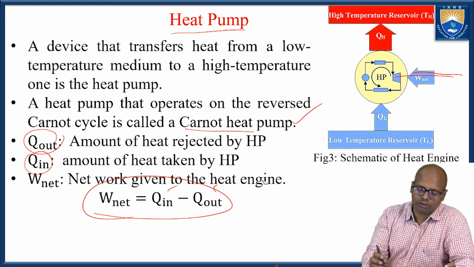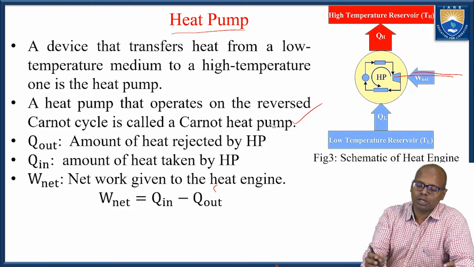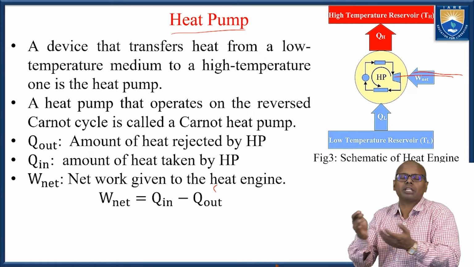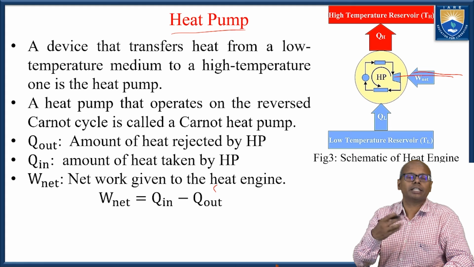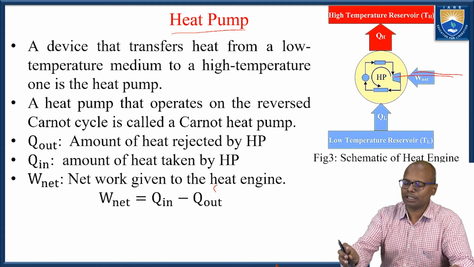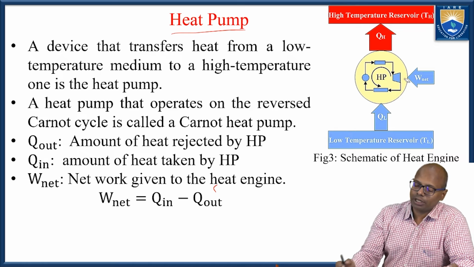Now I have asked one question, so we have a doubt. Sir, I have a heater, I directly supply some power to that, and it produces some heat. You can ask like that. Now we will see what is happening here.